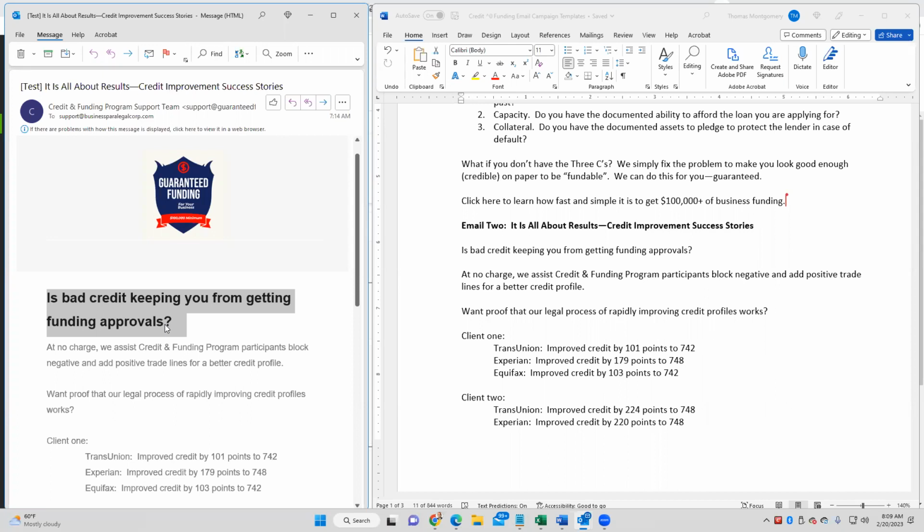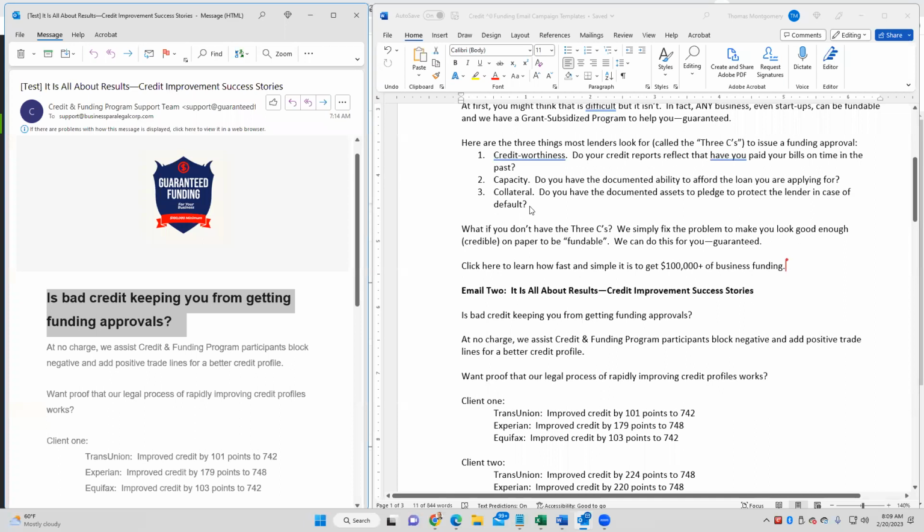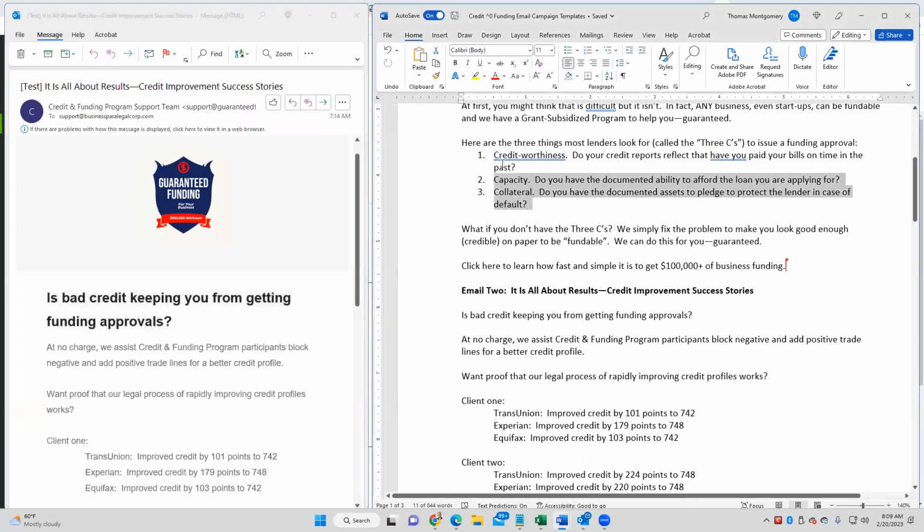They could be pre-revenue, pre-start, startup, or mature, but that's our core audience. Now, do our clients have to have bad credit to go through the program? No. We know that there's the 3 C's, and that some people will have issues with other C's, not necessarily credit, but this email 2 certainly hits the nail on the head, I believe, of that target audience.